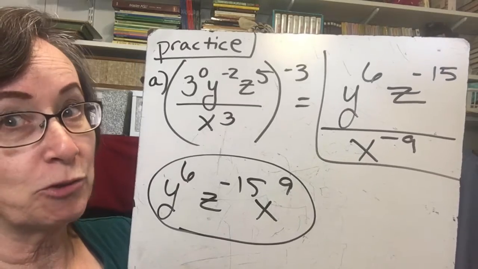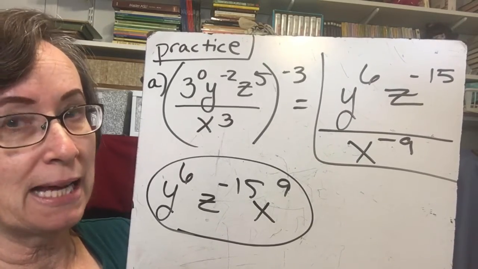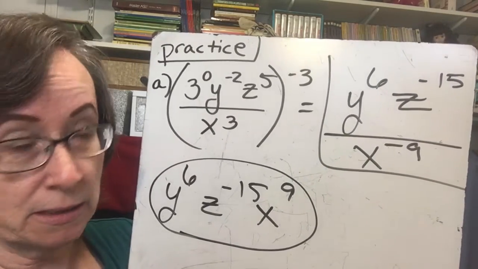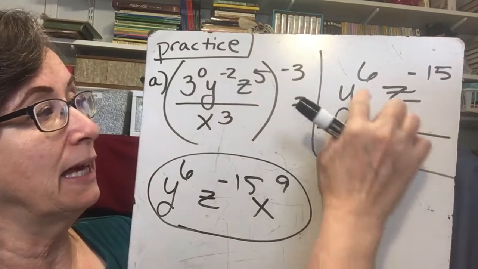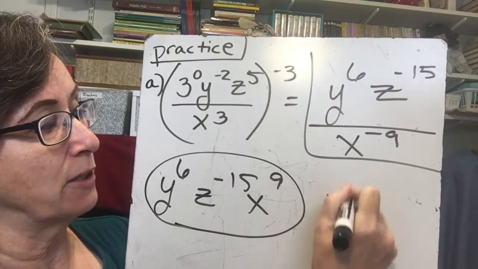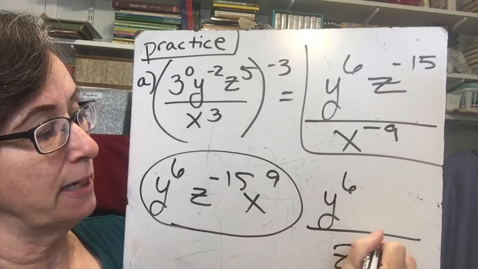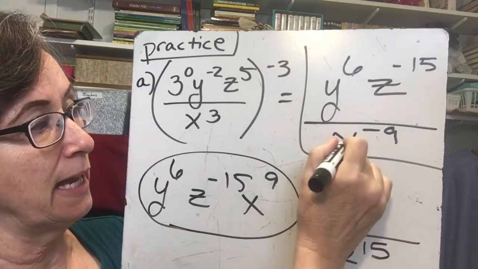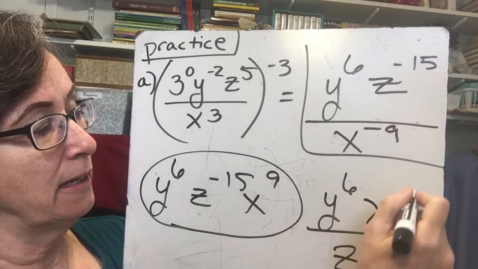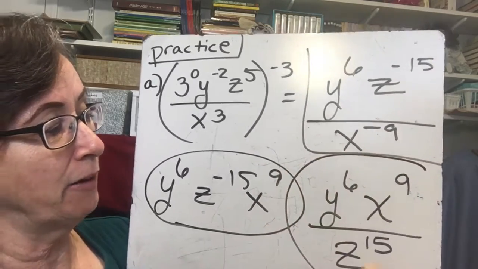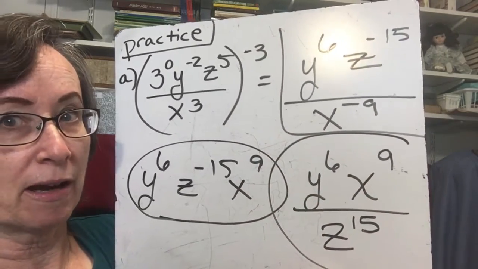But what if they told you to leave all exponents positive, which is more common? Okay, so then we would leave it y to the 6th. z to the negative 15 would go downstairs and become z to the 15, x to the 9. This is how you're going to see it left most often.